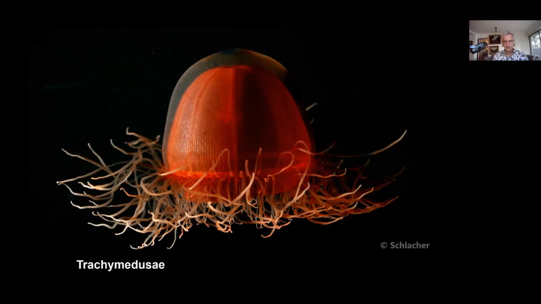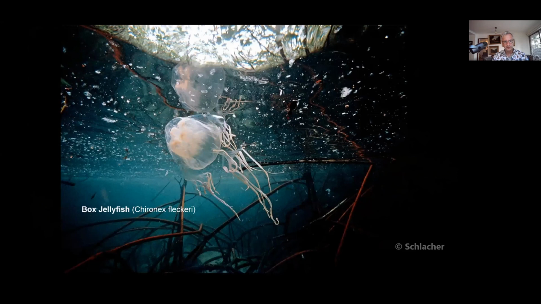You have seen some images. Those are classic deep sea jellyfish. This is a box jellyfish from the north of Queensland. What most people don't know is there are about 14 or 15 different types of jellyfish which cause what is called Irukandji syndrome.